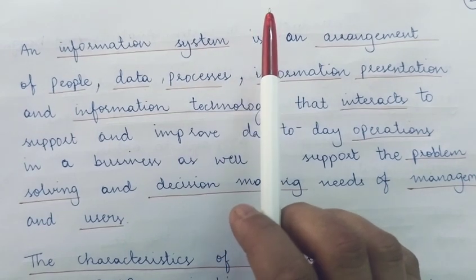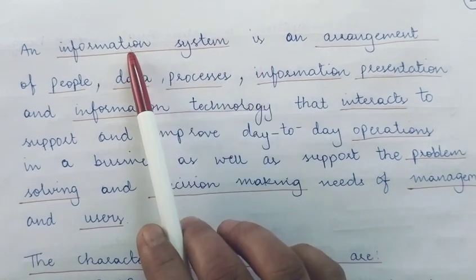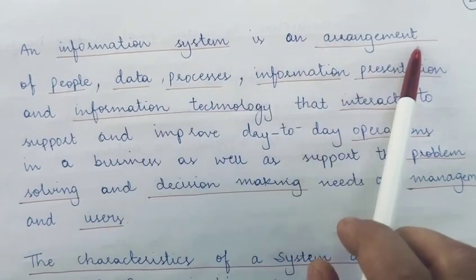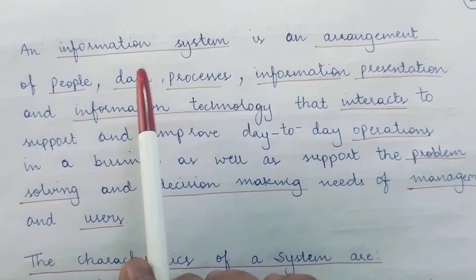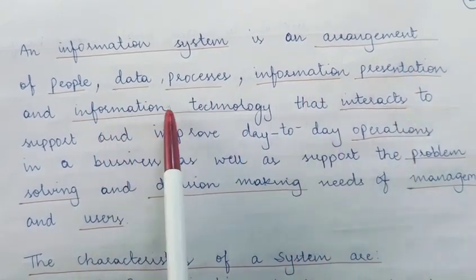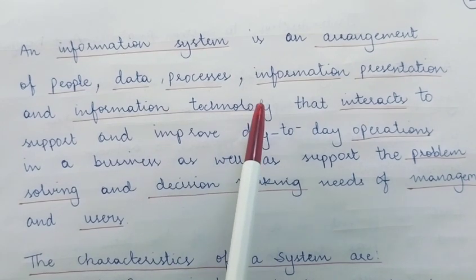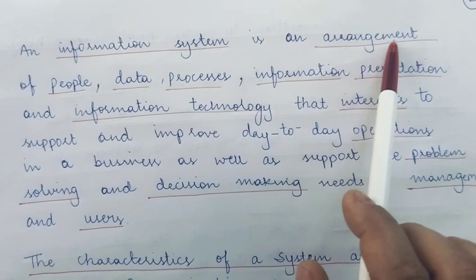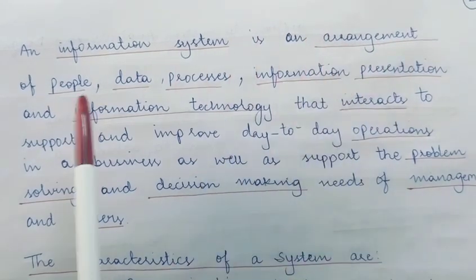So system in general consists of various components, and when I talk of information system specifically, what would those components be? Those components would be people, data, processes, information presentation, and information technology. So basically an information system is an arrangement or orderly grouping of its components. And what are those components?